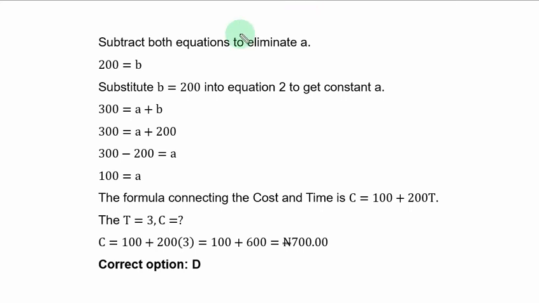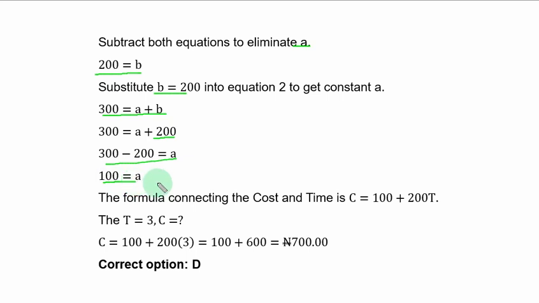Subtract both equations to eliminate A. That gives 200 equal to B. To get A, substitute B equal to 200 into equation 2. You replace B with 200. If you transfer it to the left, you have this expression, and 100 is equal to A.